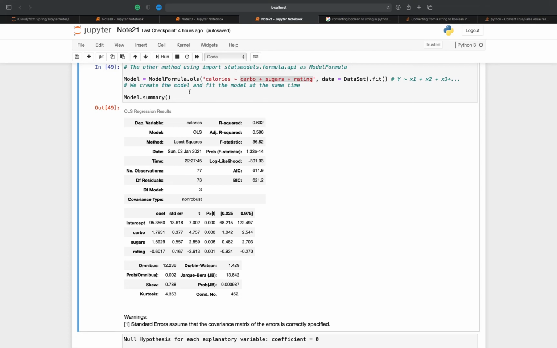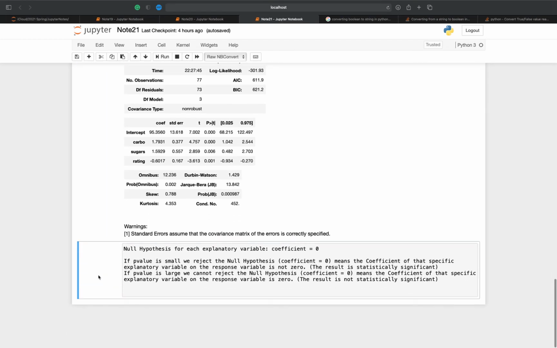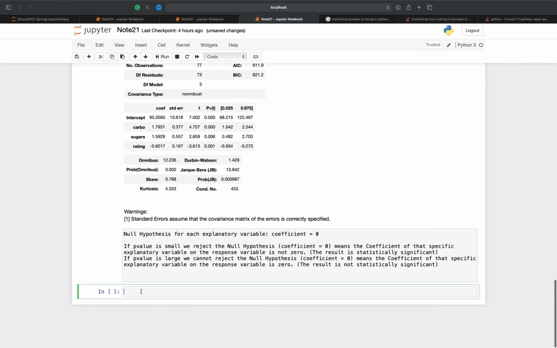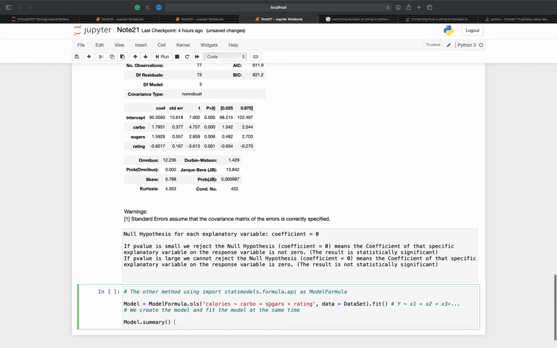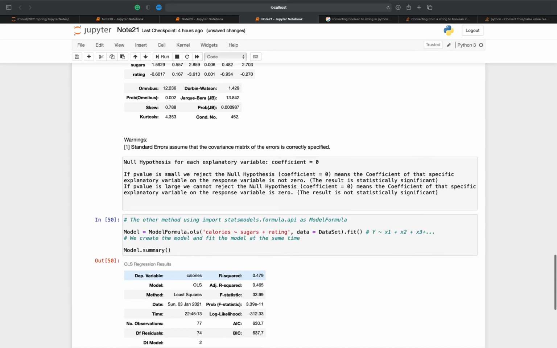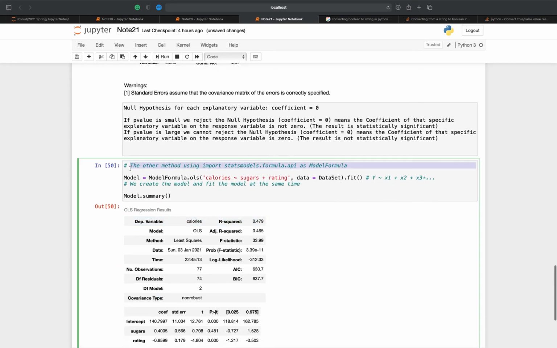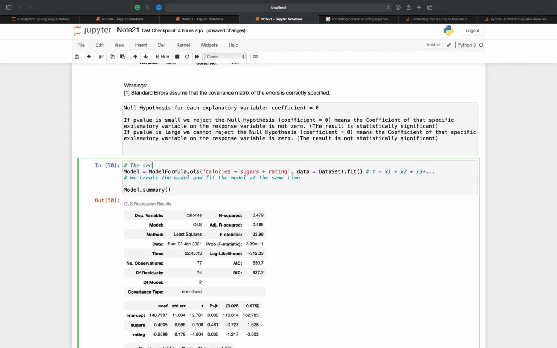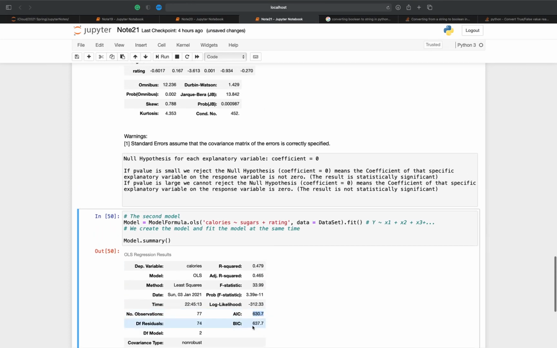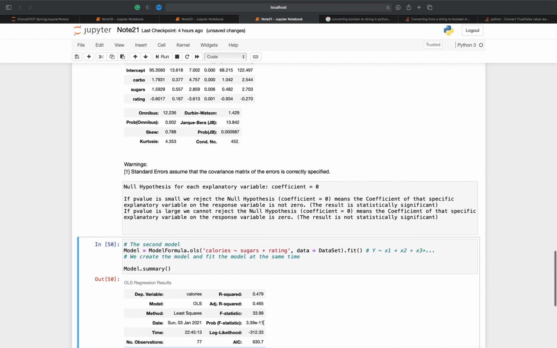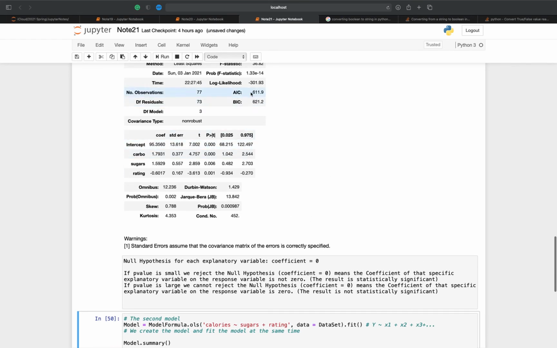Imagine model 1 is this one, and let's create a second model that doesn't have carb in it. Look, AIC increased, BIC increased, compared to the 611 and 621 we had here.